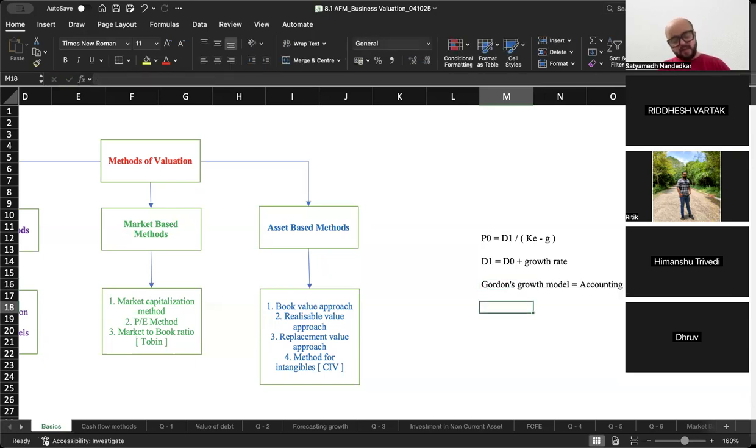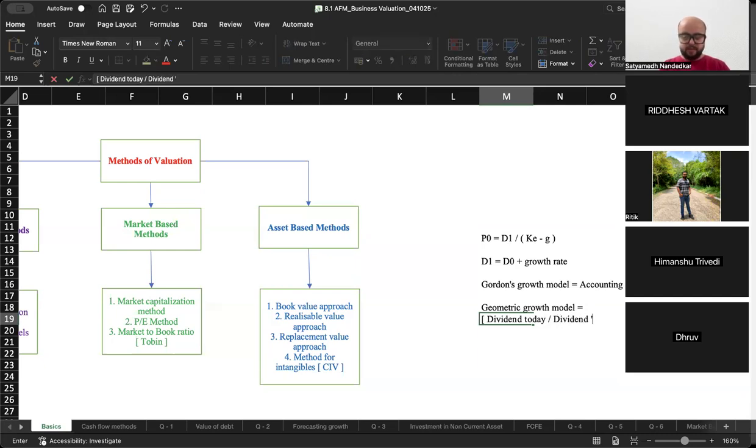And the second one is your geometric growth model, or the compound growth model. What does it do? It takes dividend today upon dividend n years ago, raised to 1 by n, minus 1.